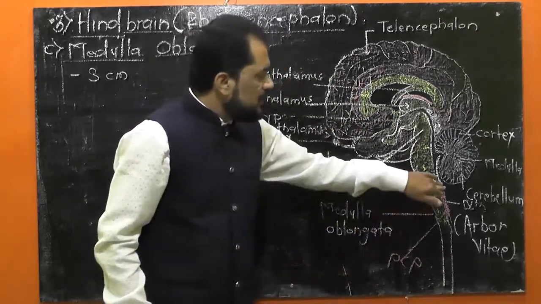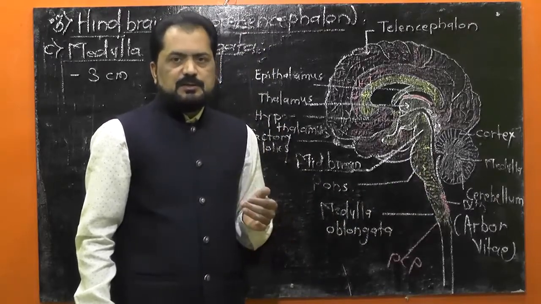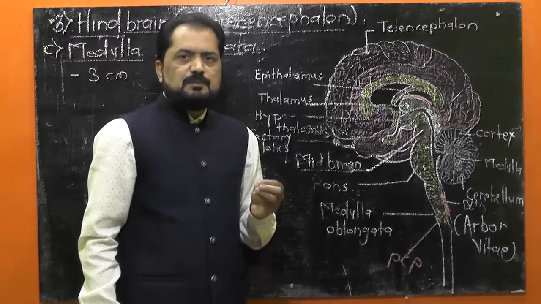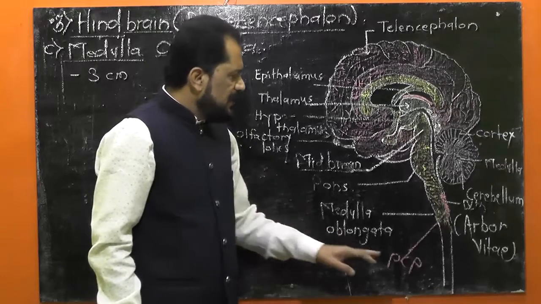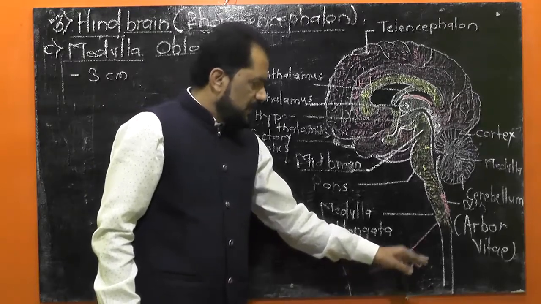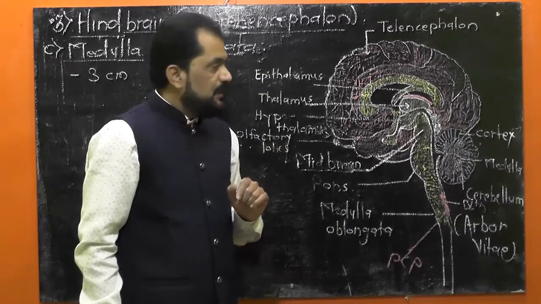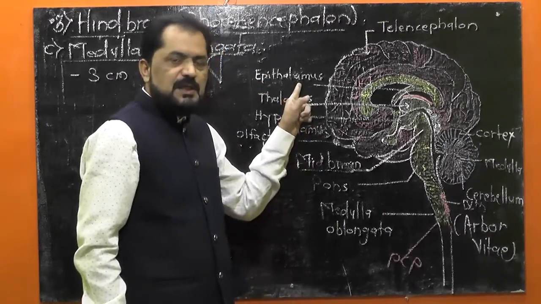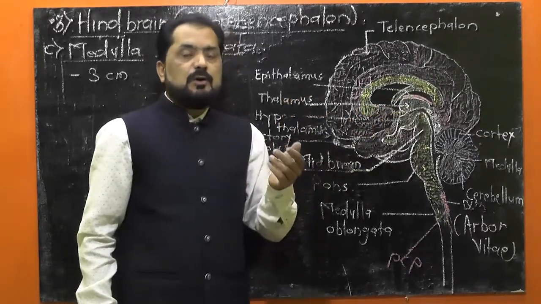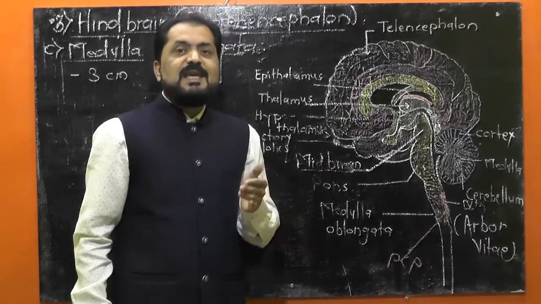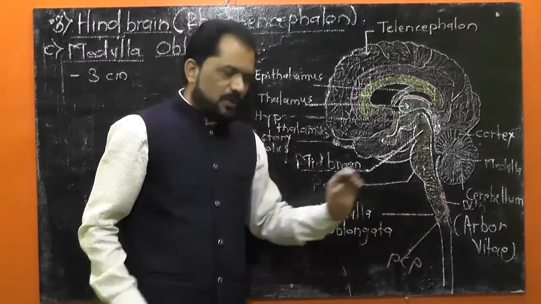The roof of medulla oblongata, that is the dorsal wall, is highly vascular. It means there is a very dense network of blood capillaries, and it is known as the posterior choroid plexus. You may remember that while studying the diencephalon we came across the epithalamus, and I told you that epithalamus also shows a dense network of blood capillaries known as ACP, that is anterior choroid plexus, and here is a posterior choroid plexus.